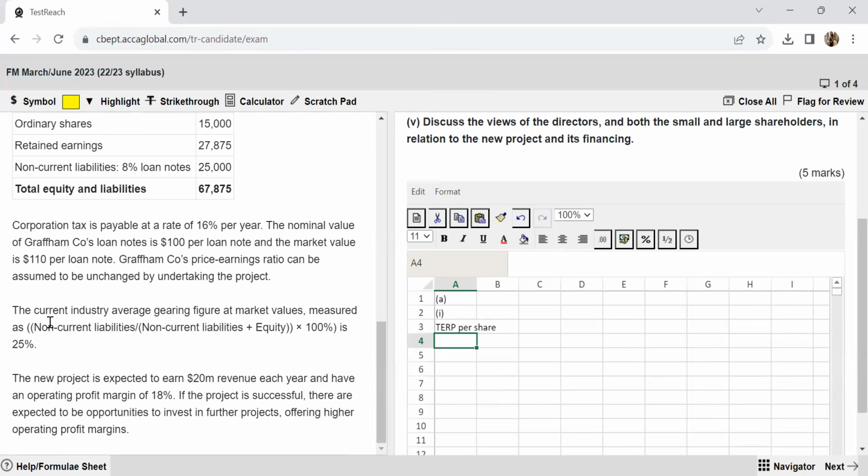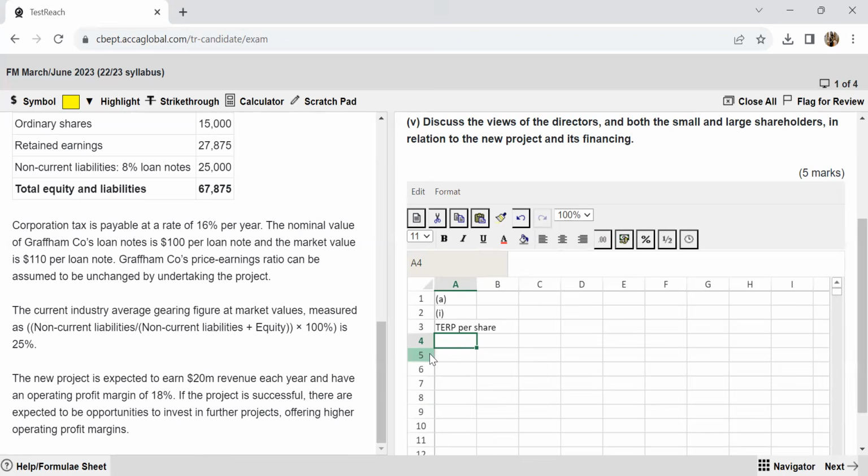We have the gearing formula also given to us over here, and the current average industry gearing ratio is 25%. The new project is expected to earn 20 million revenue each year and have an operating profit margin of 18%. If the project is successful, there are expected to be opportunities in future to invest in further projects offering higher operating profit margins.